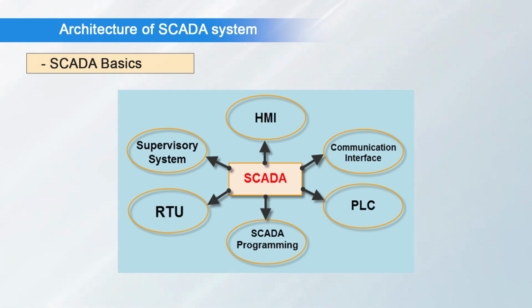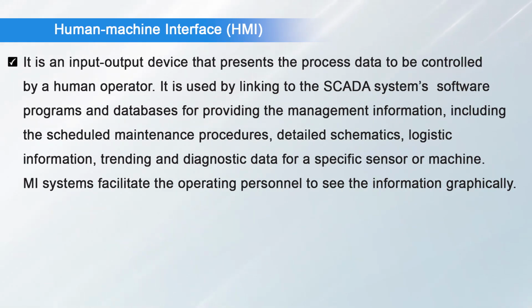After discussing the basics of the SCADA, we will go in detail about the architecture of SCADA and the different types of SCADA system. The first block is the human machine interface, HMI. What is HMI? It is an input output device that processes the data to be controlled by a human operator.